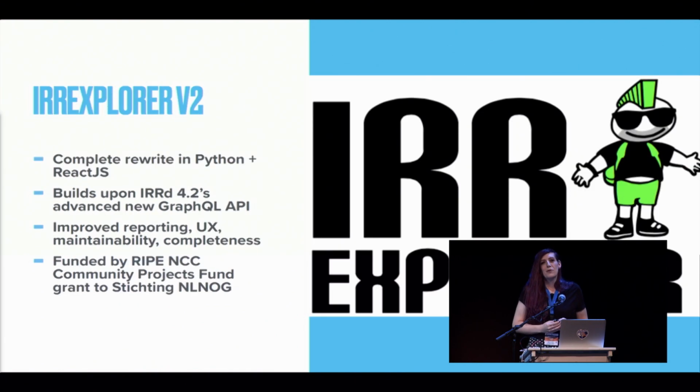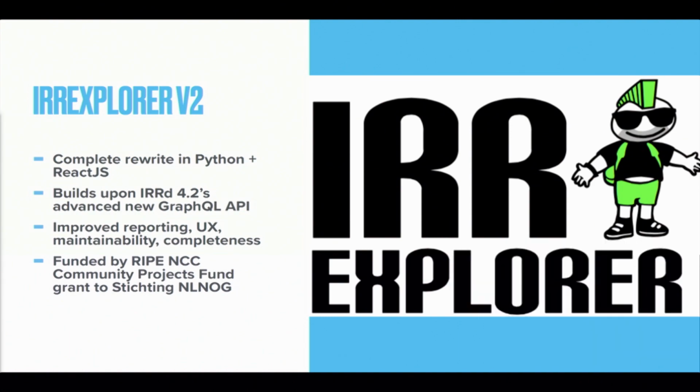And so IRR Explorer v2 is a complete rewrite by me in Python and React.js, and it builds upon all the work that I put in IRRd. There's a very nice new API in there that lets you query RPSL data in nice JSON also, so you don't have to parse all the individual RPSL fields. This is a very practical way to access IRR data.